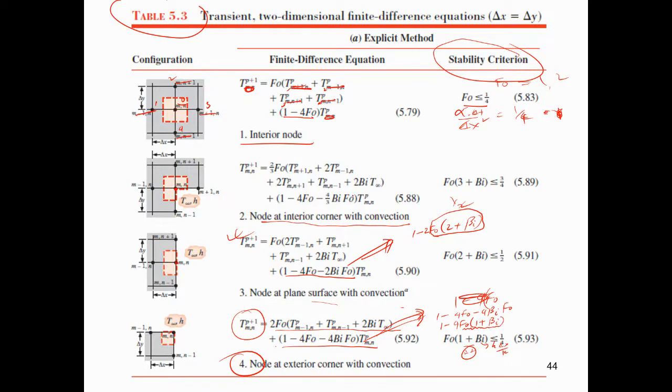For this equation here, we want this term to be 0, so 1 minus 4 F0 minus 4 by 3 beta I F0.